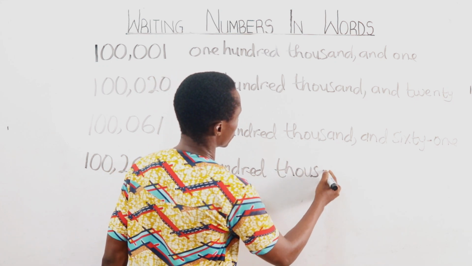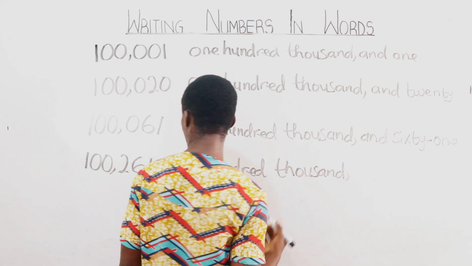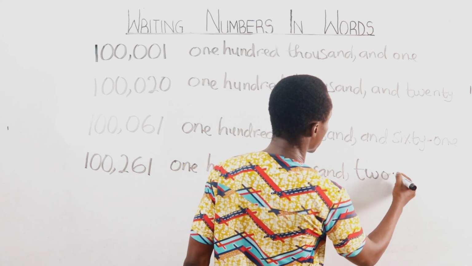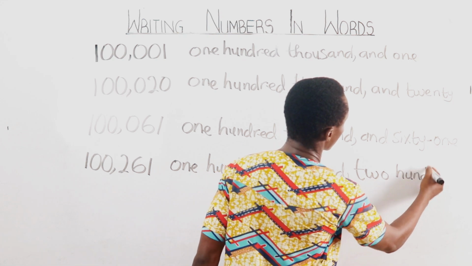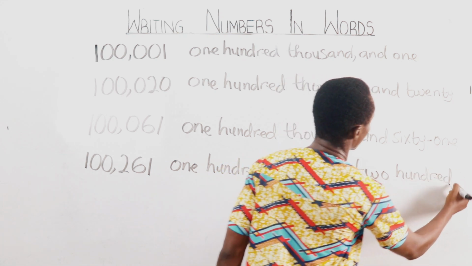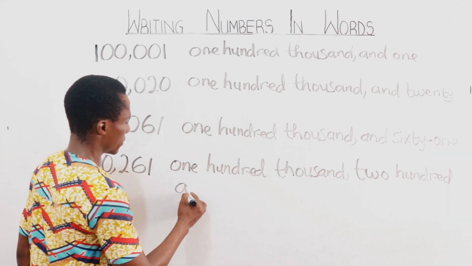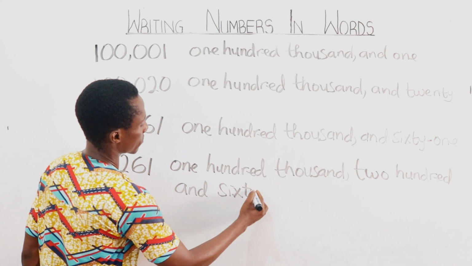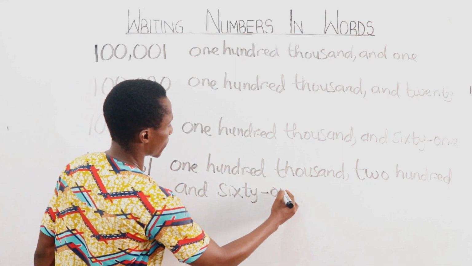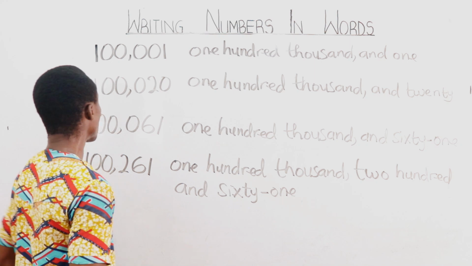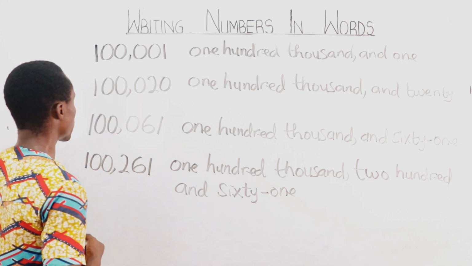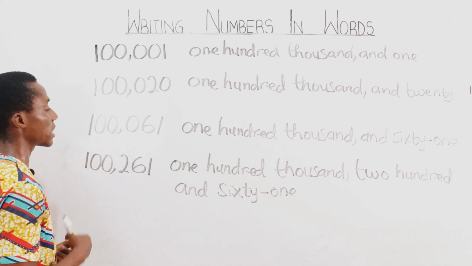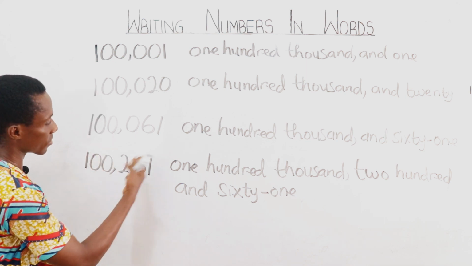100,000, 200 and 61. Okay, so we realize that the hundreds can increase. Let's say 300 and something.